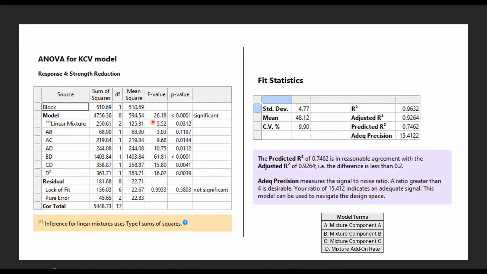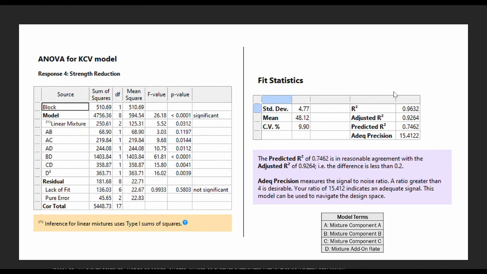It's far below 0.05, so I know this model is highly significant, with very low chance that it is just due to random noise. Lack of fit is not significant, which is great. It tells me that my data is not really deviating from my model relative to the pure error that I found in the experiment, which is good. We want our model to actually fit our data. So not significant lack of fit is great.